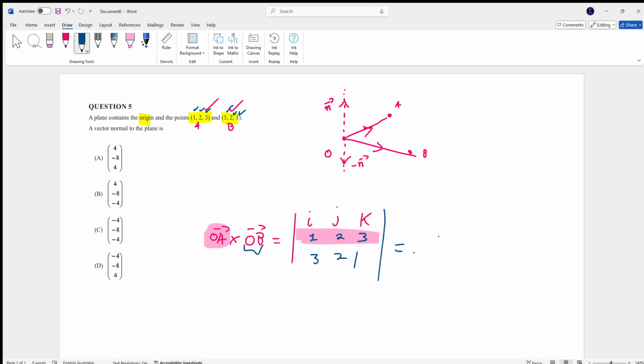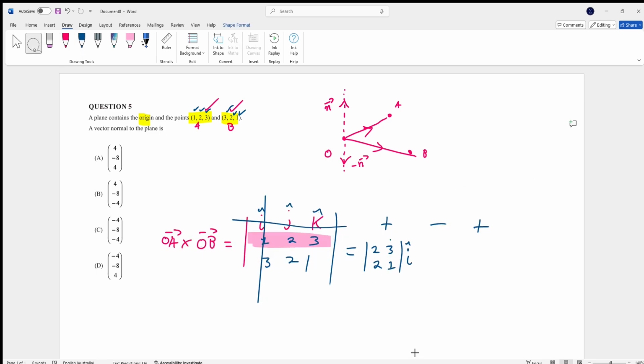Then you break this up into 3 2x2 matrices. They have to go plus, minus, plus. I know you probably hate me, I just switched up the colors, but deal with it. The first matrix will be the 2, 3, 2, 1 matrix, multiplied by i hat, and that goes plus.